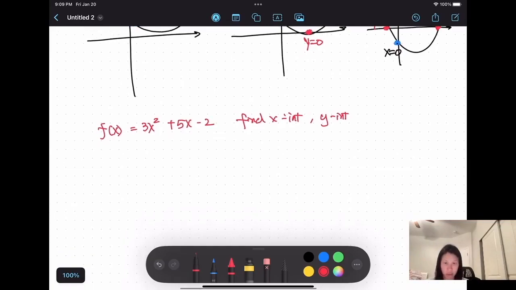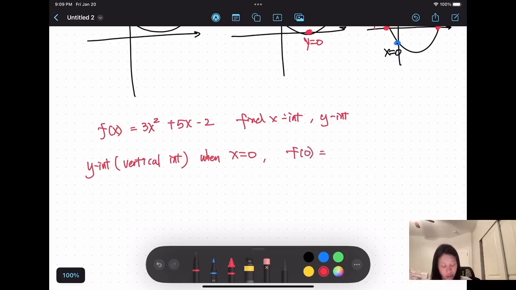Remember, the y-intercept, also the vertical intercept, is when x equals 0. So let's substitute x equals 0 into the function. I have f of 0 equals 3 times 0 squared plus 5 times 0 minus 2, which equals negative 2. So our intercept is when x equals 0, y equals negative 2.